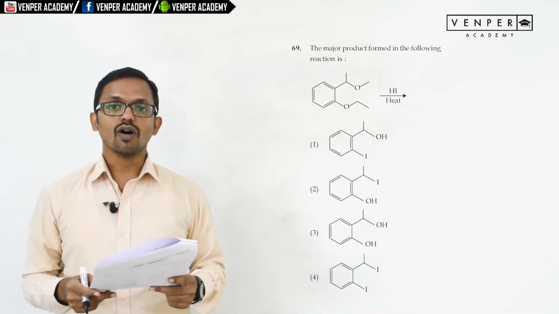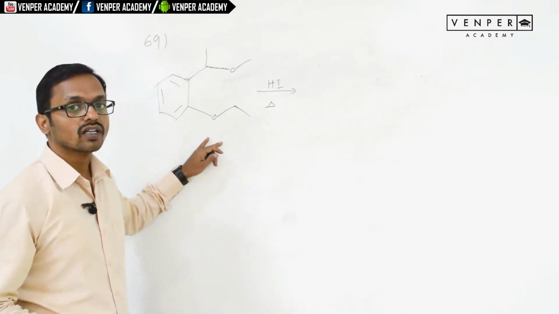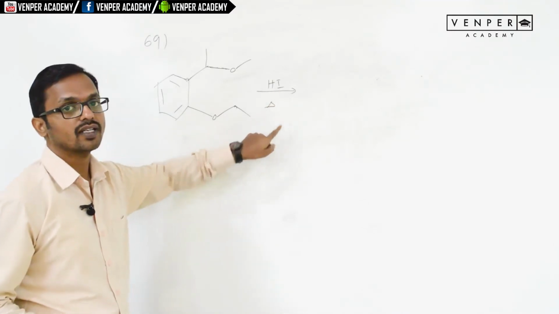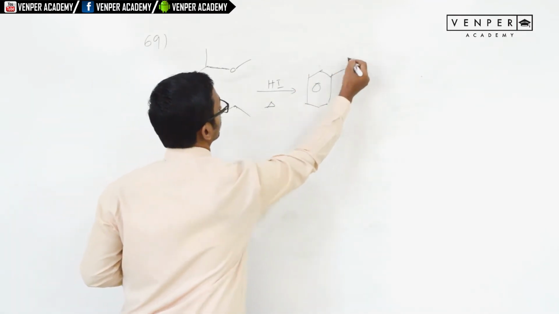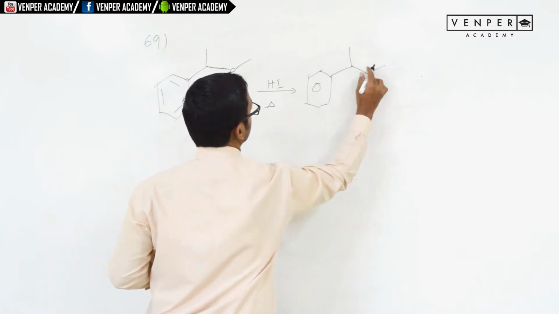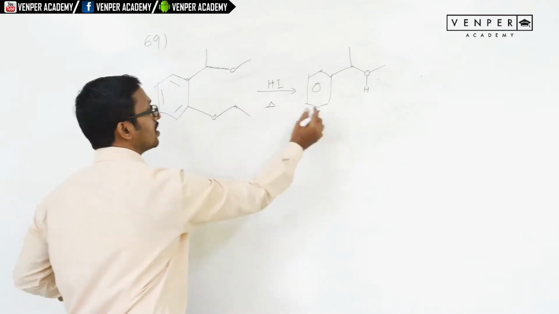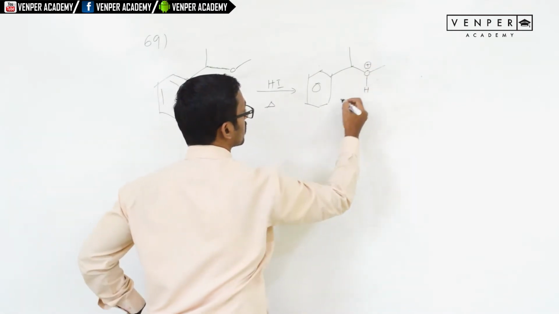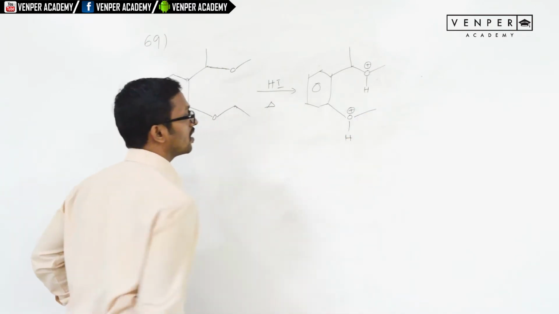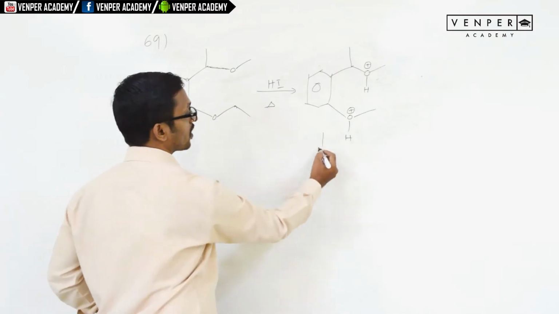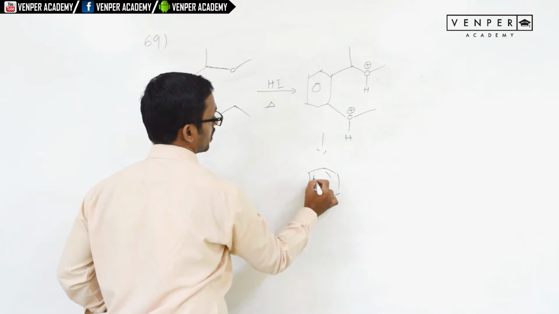The major product formed in the following reaction is, now this is the given compound. Now let's see what happens in presence of acid when we heat it. Here H+ will come here because it's acid. As a result, we will get the positive charge here, and here also we can expect another H, so we can also have the positive charge here, and this further undergoes reaction in presence of heat.